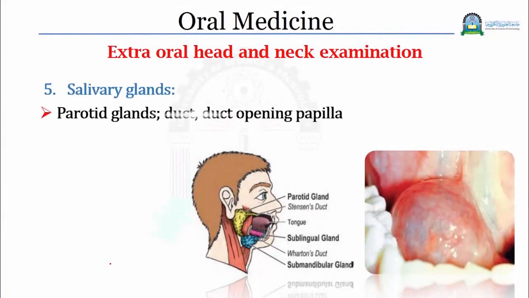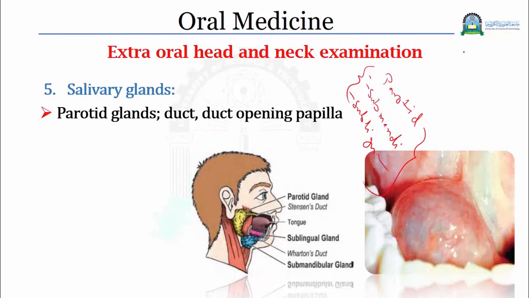Then you have to examine the salivary glands. We have three main salivary glands: the parotid gland, the submandibular, and the sublingual glands. All these three major salivary glands should be examined.